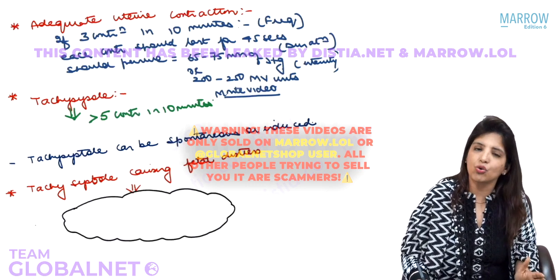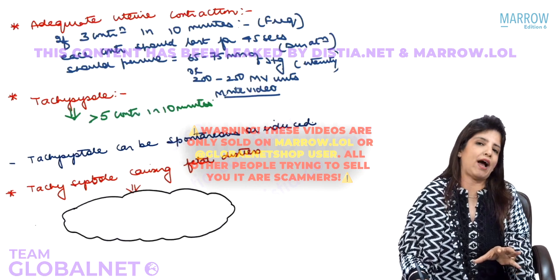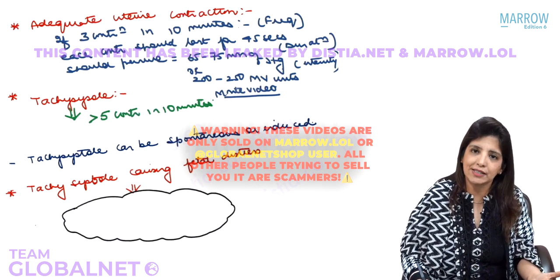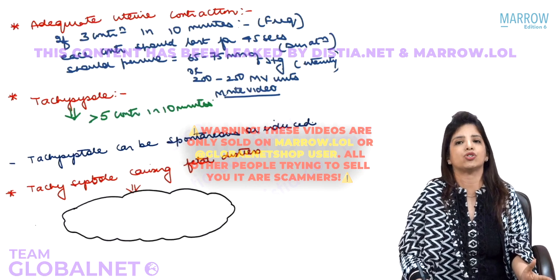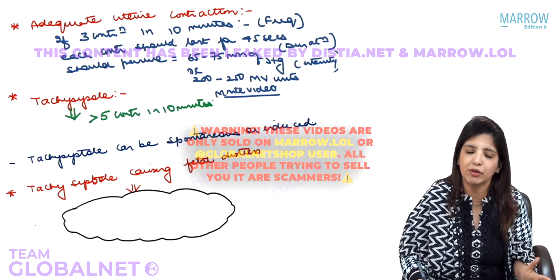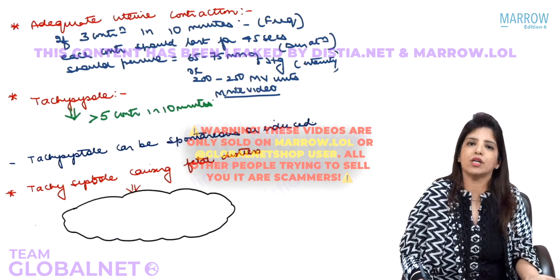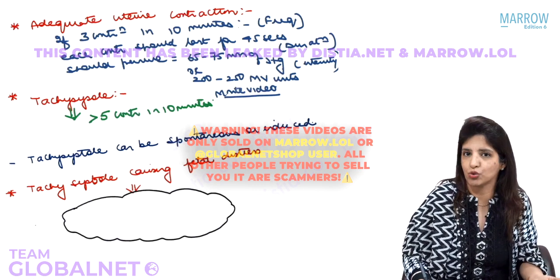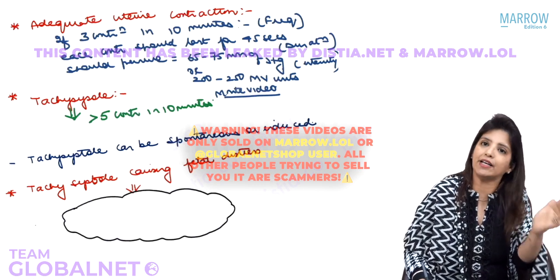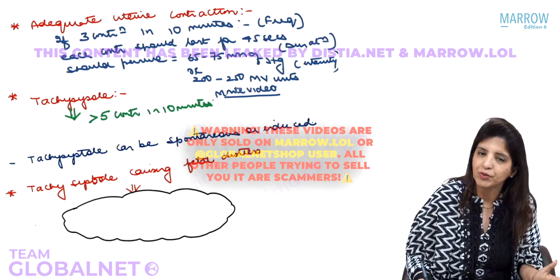This tachysystole can happen in spontaneous labor, but most of the time tachysystole happens in induced labor. You were giving oxytocin and the dosage of oxytocin had increased, and that can lead to tachysystole. Right?